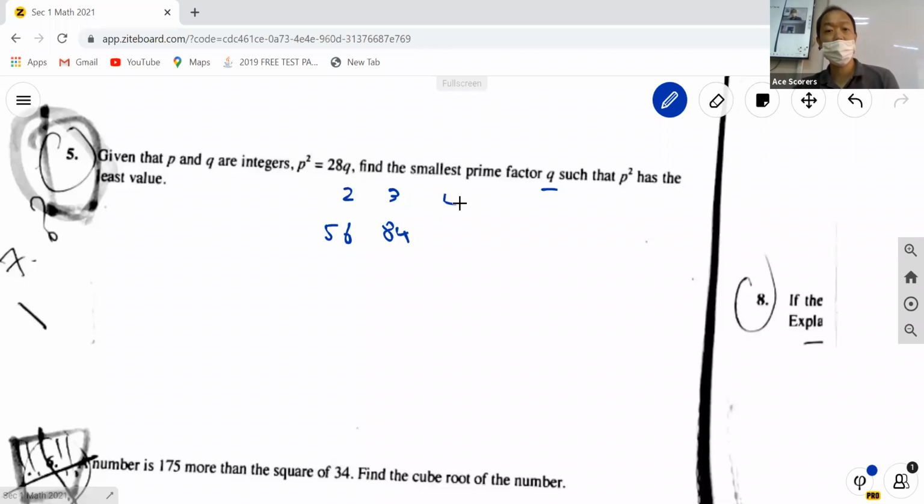Then 4, sorry, they have to be prime numbers. So next is 5, 7, 11. If Q is 5, 28 times 5 is 140, also cannot. Guess and check.